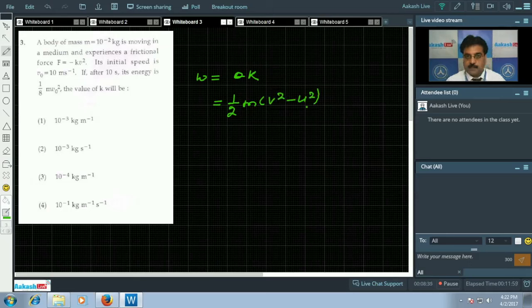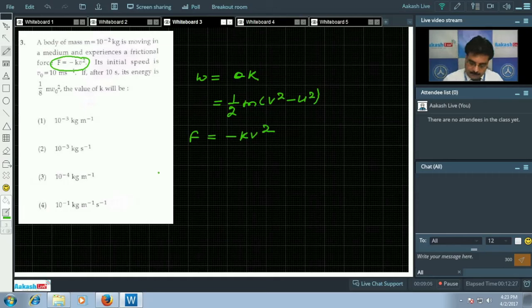So in this situation, there are two types of speed. One of them is initial speed, another is final speed. But what will be the clue? But the question says force F is equal to minus kv square. But I want to calculate initial speed and final speed. So in this stage, what can you do?